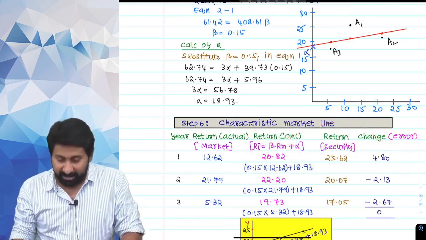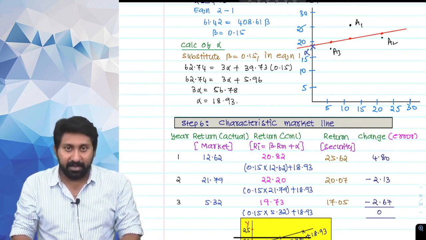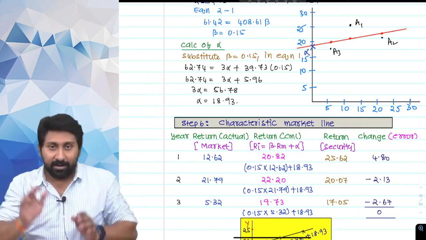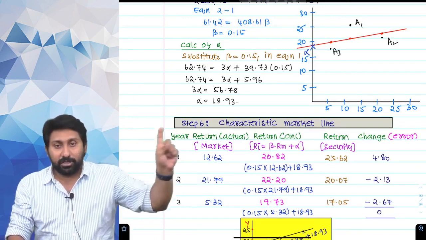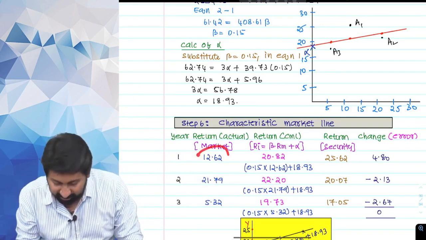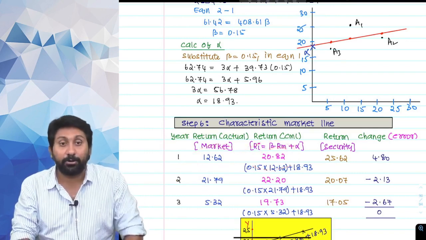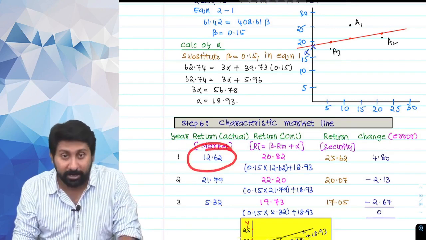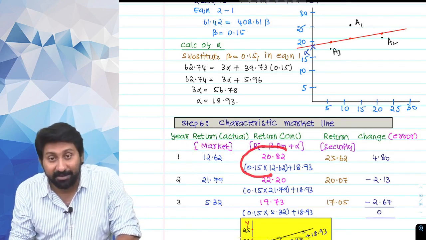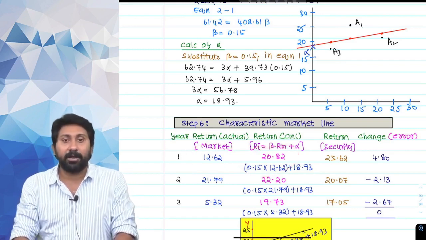Okay, that means systematic return is what comes from the market. In the total return, because of the rise in the market, how much did you get? 20.82. Market is at how much? 12.62. Your return is at how much? 20.82. It means that since the market is giving a return of 12.62, my security has given 20.82.